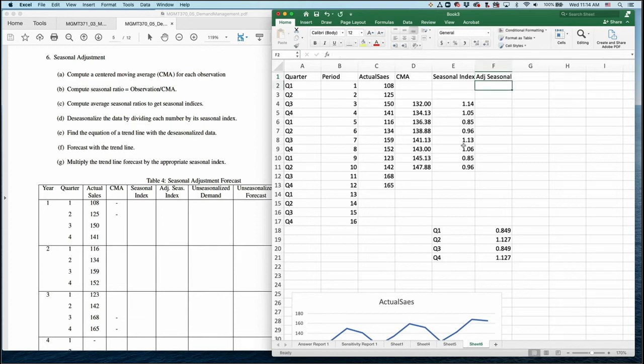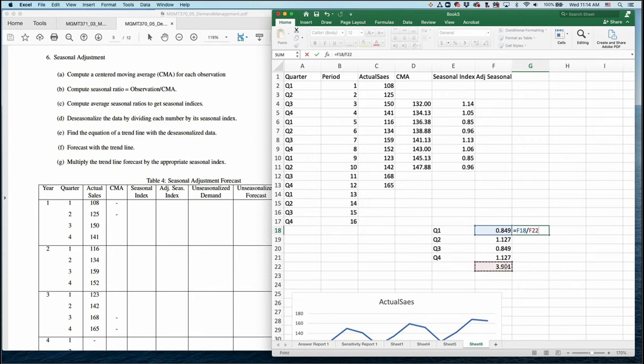So that's why we have to take the average, and the sum of the averages should be 4. Otherwise, we have to adjust again. How can we adjust? So number divided by this number times 4. So this is our exact adjusted number.